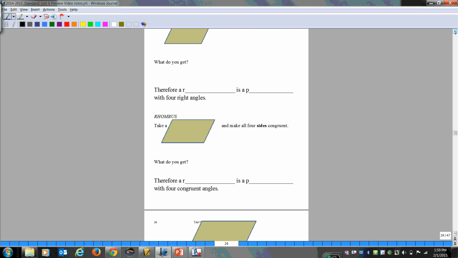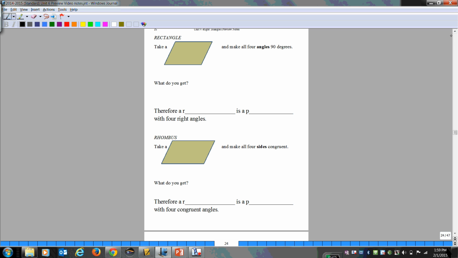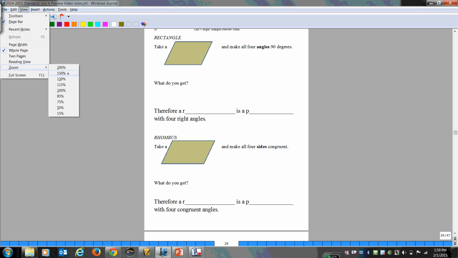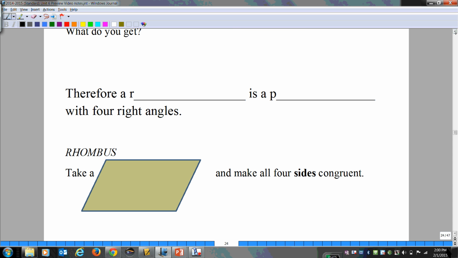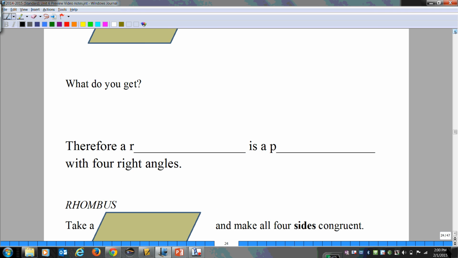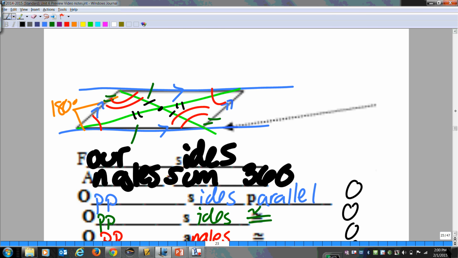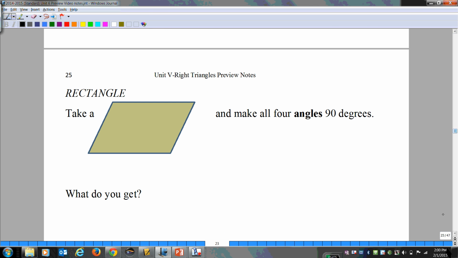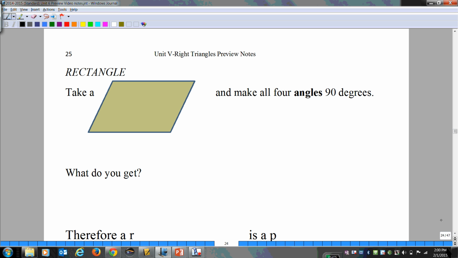Now, we have two types of parallelograms, which are descendants of parallelograms with specific qualities. One of them is a rectangle. Imagine if I took a parallelogram, and we just shoved it a little back this way.